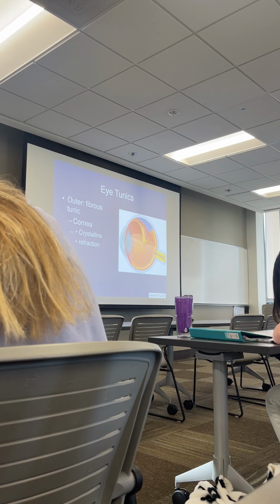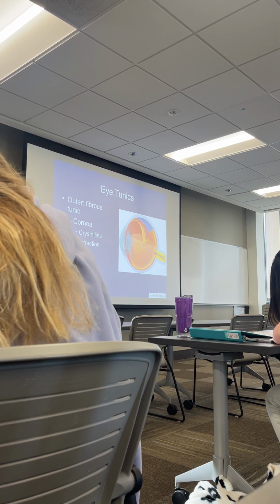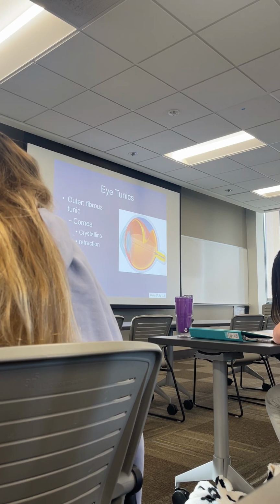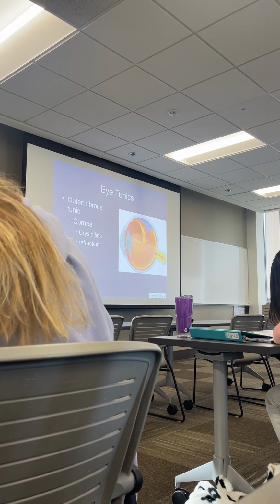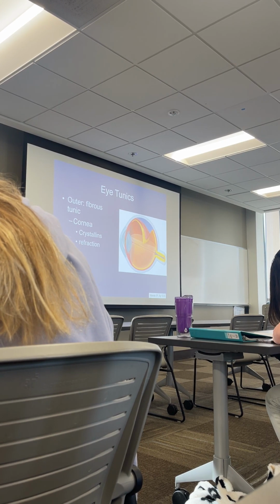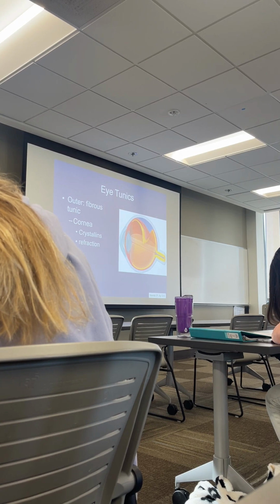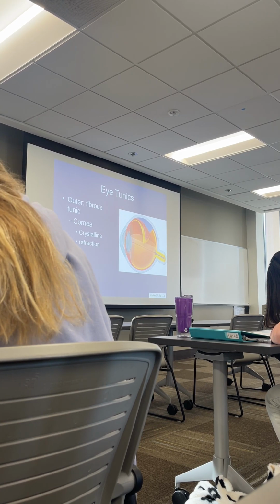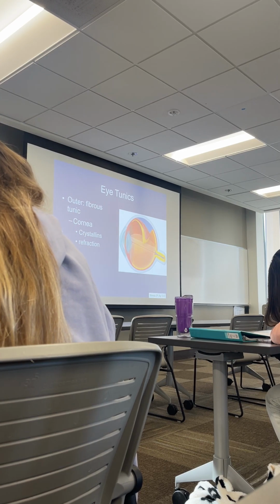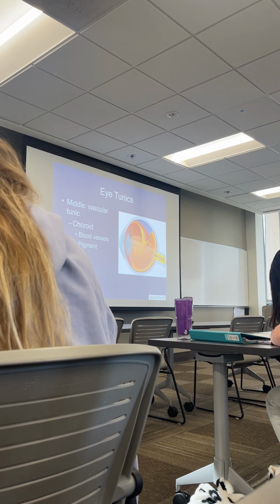And as it goes through, the light will also be refracted. What did it mean to be refracted? Okay, we're going to bend. We're going to do most of our bending of light with the cornea. Okay, so the cornea does a lot of bending of the light as it is transmitted, as it comes in. So that was the outer tunic.